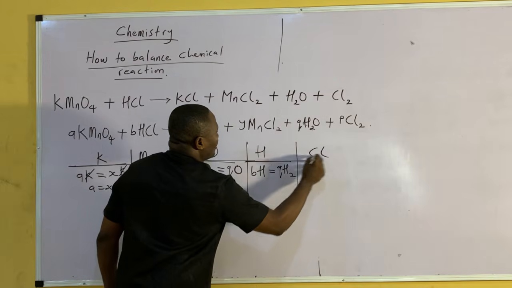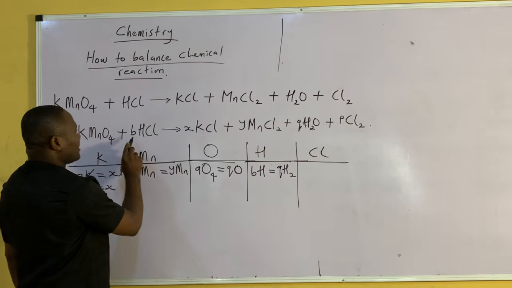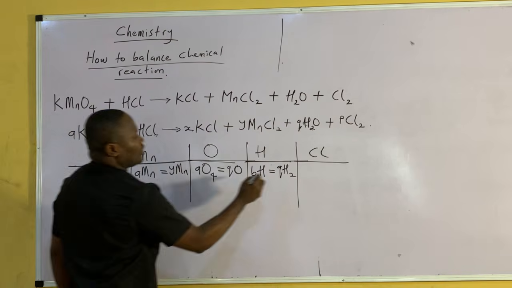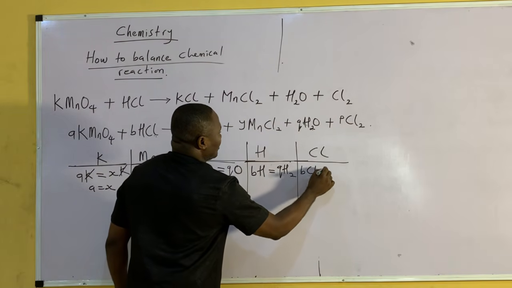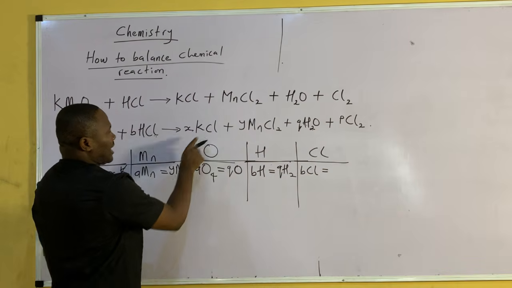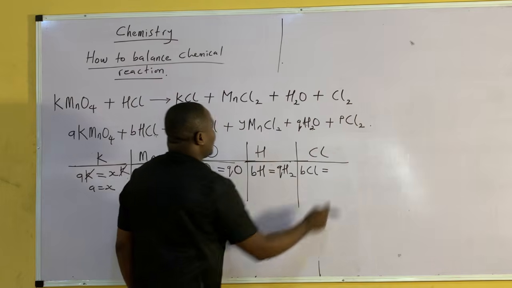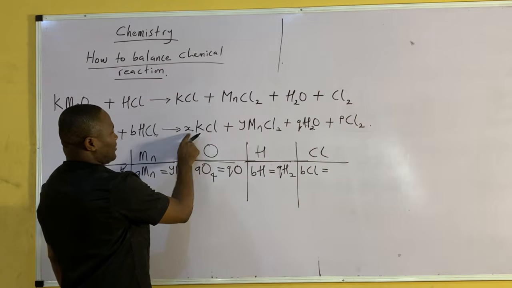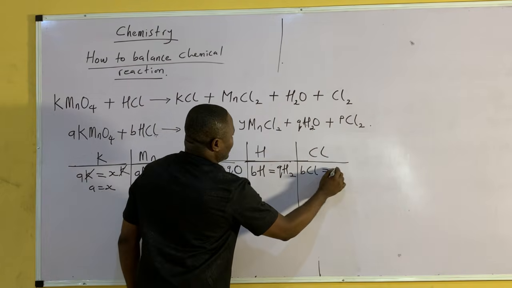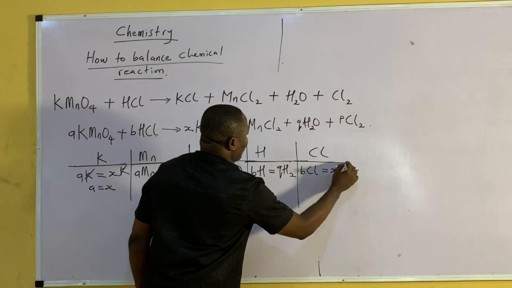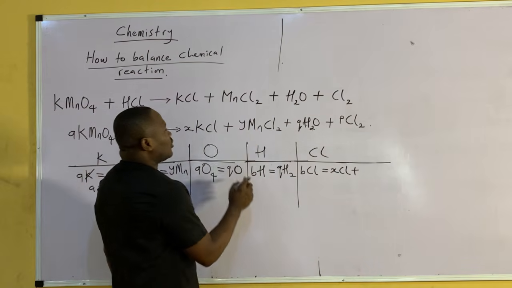Chlorine is affected by B. So it will be BCl is equal to, I have chlorine here, here, and here. So X is affecting this, it's XCl plus, where else do I have chlorine?